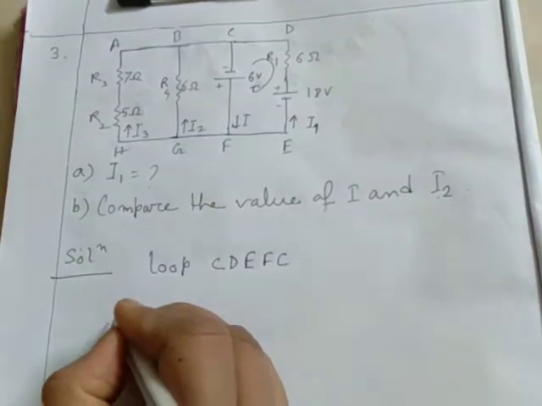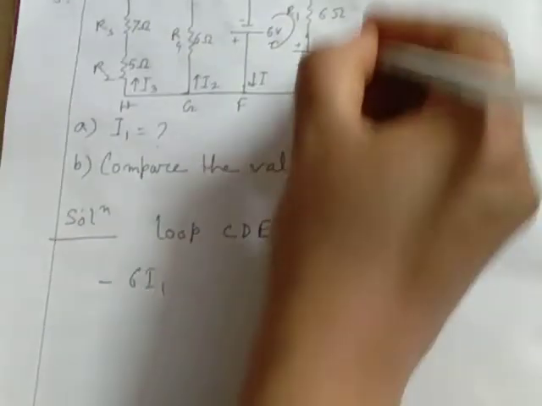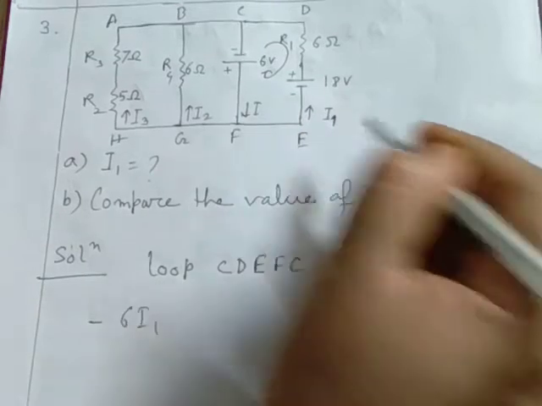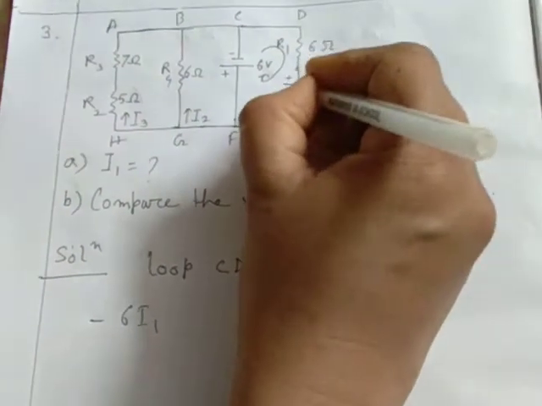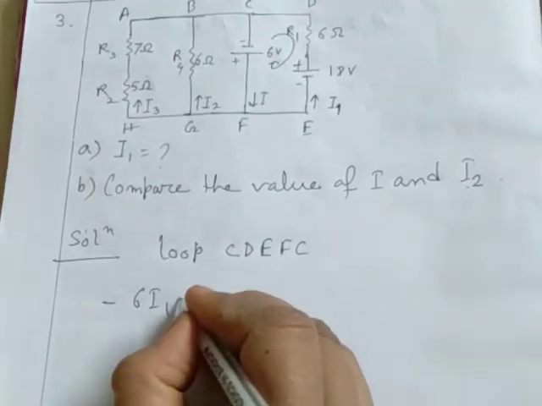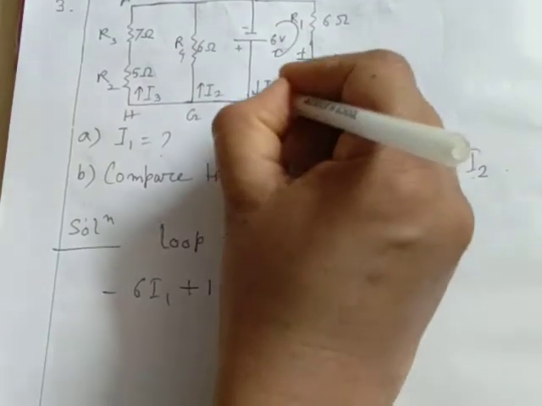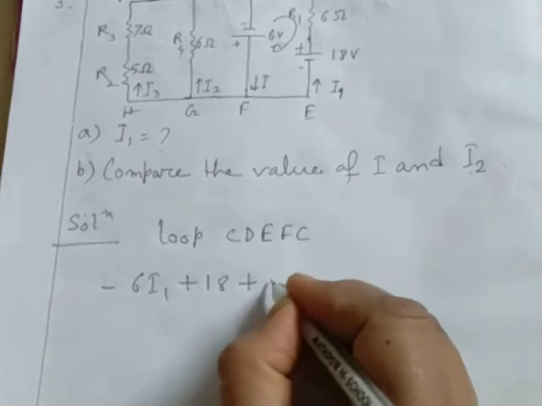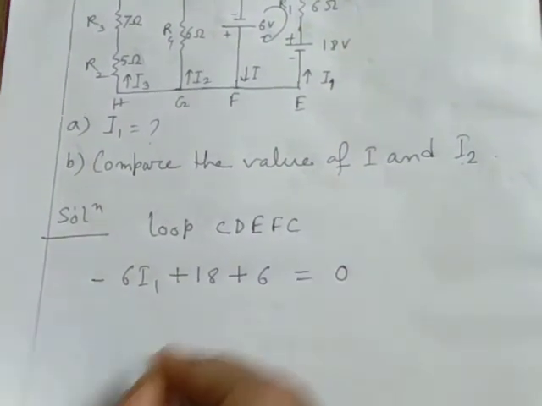So 6 minus 6 I1, because its direction is opposite to the direction of current, that's why here minus. Then while moving you will see the positive sign of the cell at first, so you will put here plus 18. Then in this way when you go, again you will see the positive sign of the cell, that is plus 6 volt equal to 0.